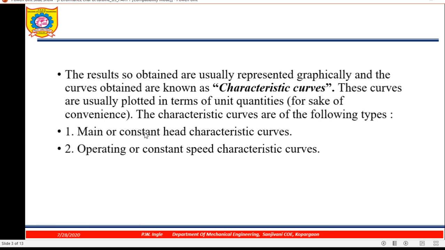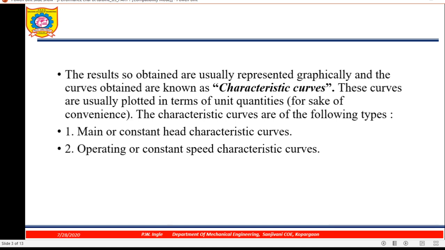To plot the main or constant head or variable speed characteristic curves, while conducting the trial or taking readings, we have to run the turbine shaft at different speeds, variable speed. For every reading you are getting variable speed.